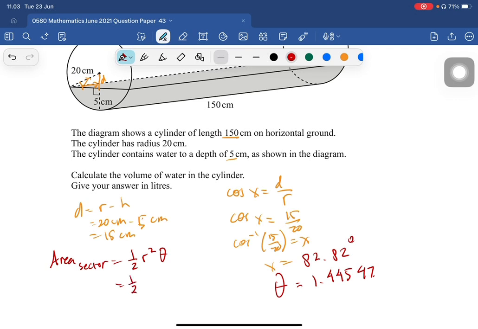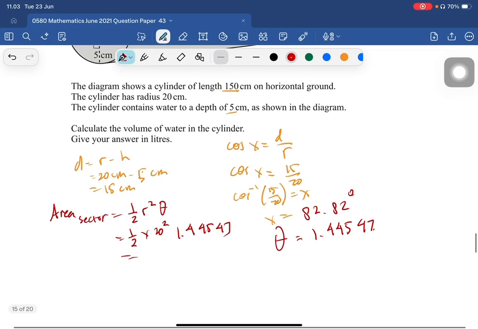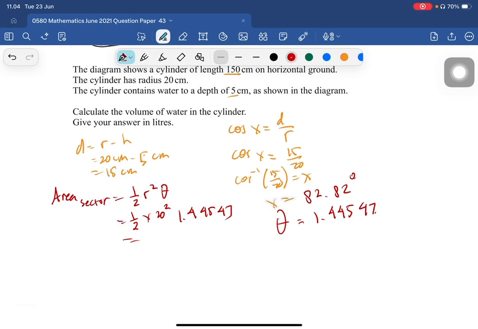Okay, this is 1/2, multiplied by r squared, 20 squared, and then the radian 1.44547. You can use a calculator. So the answer is 289.09 centimeters squared. This is the area of the sector.